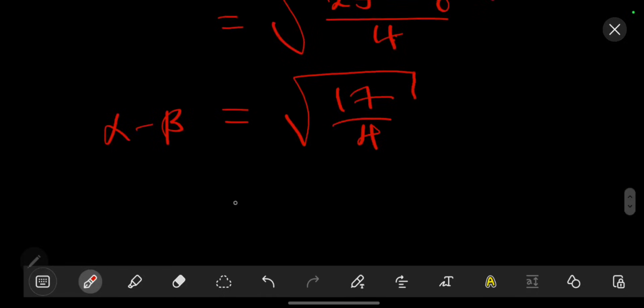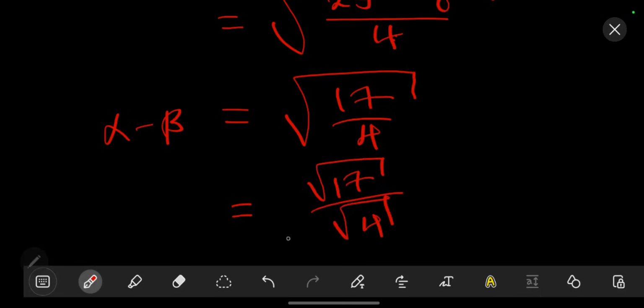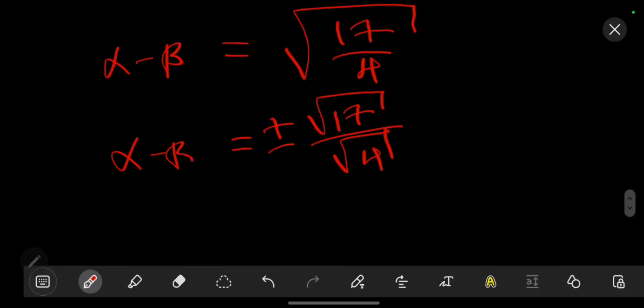So let's finish it. The square root is distributive, meaning it can be written as the square root of 17 over the square root of 4, which will always give us a plus or minus. So we have alpha minus beta.